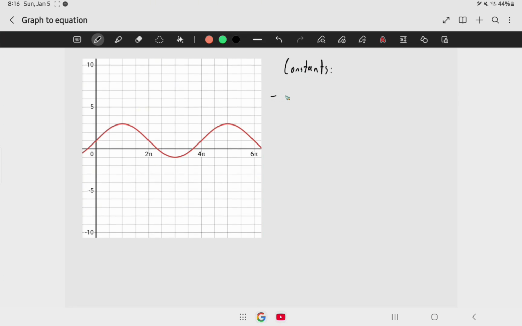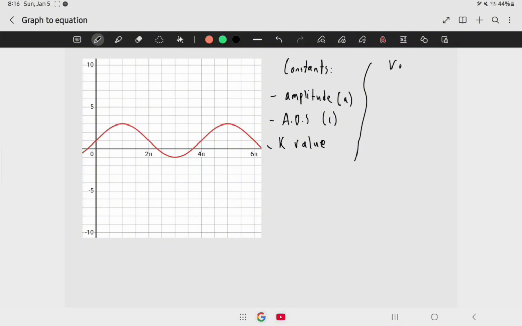Those things are your amplitude, your axis of symmetry, or let's put it in brackets, the C value, A value, and then K value. These things are always going to stay the same no matter what, even if you use sine or cos.